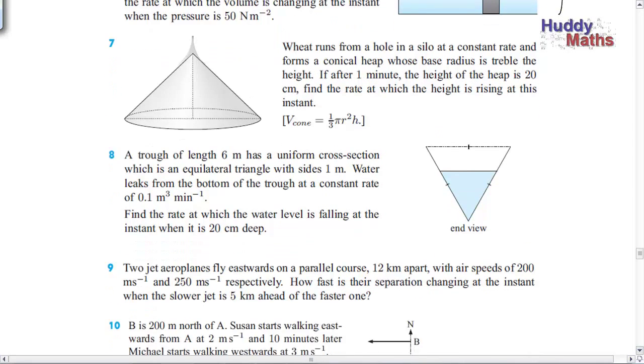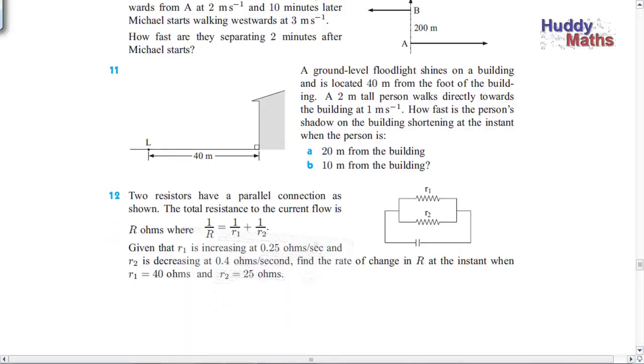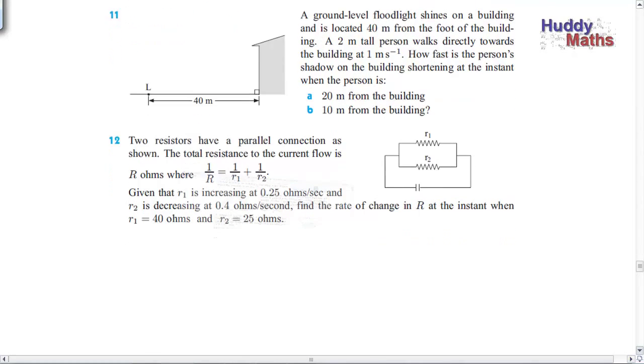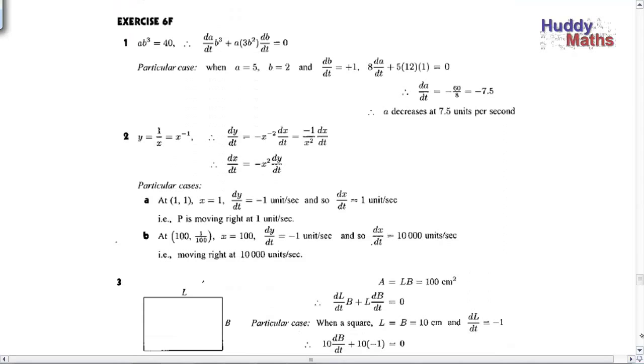Okay, and then 9, 10, 11. We'll have a look at 12 in a minute. And there's 12. Okay, let's have a look at the solutions now. That's question 1 and 2.